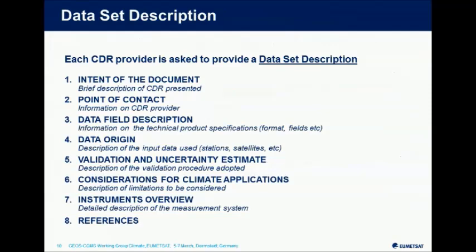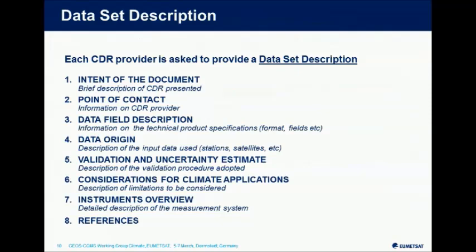Then the data field description, the technical specification, like what format it is, what variables are in there, units and so on. And then the origin of the data, whether it is satellite or in situ and so on. So it describes the input data and a bit about the quality of the input data.